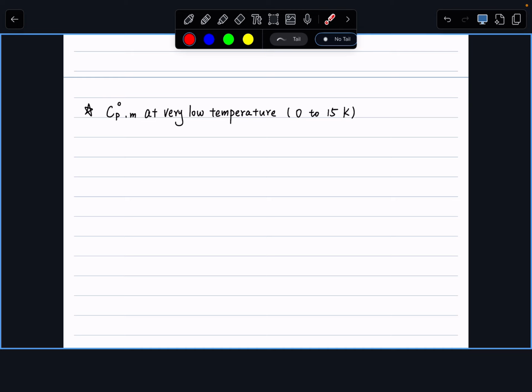All right, so this part, we'll have to further break down into two sections. One, the 0 to 15 K, or we say the low temperature, of your Cpm naught over T dT, and then the temperature between 15 K to T melt of your Cpm naught over T dT.